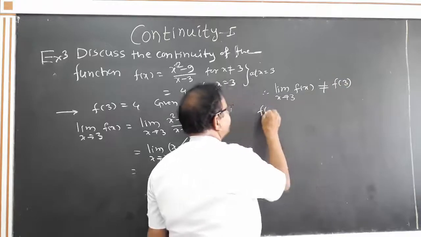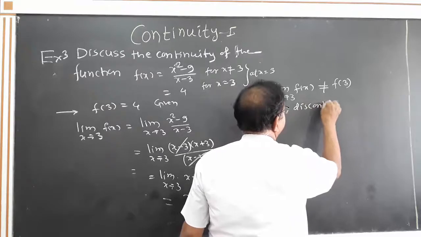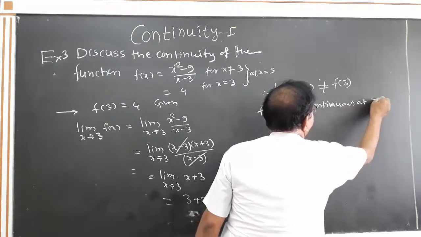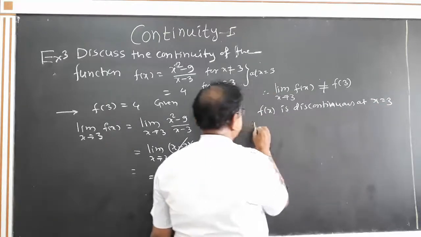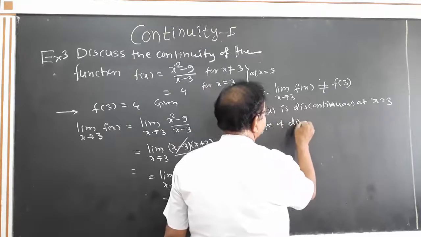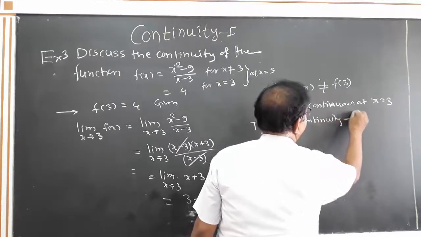Hence, fx is discontinuous at x equal to 3. And type of discontinuity is removable.